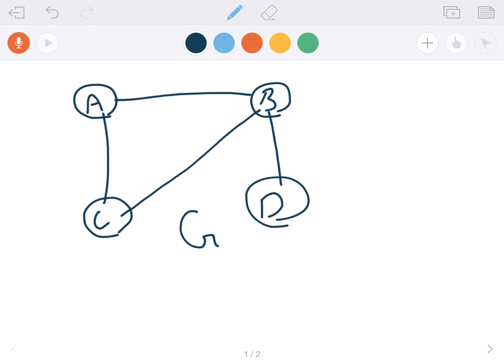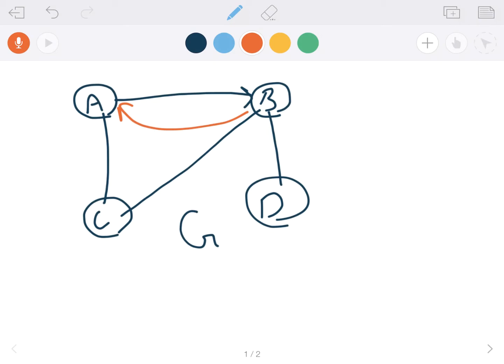We call this graph an undirected graph, because as you see there is an edge from A to B and also the same edge connects B to A. But we might have some graphs where there's an edge that goes from A to B, but there might be no edge that goes from B to A. So we call these kinds of graphs directed graphs. So if we would like to connect B to A directly, we might draw another edge that connects B to A. So we call these graphs directed.